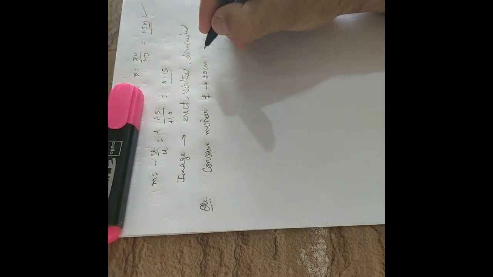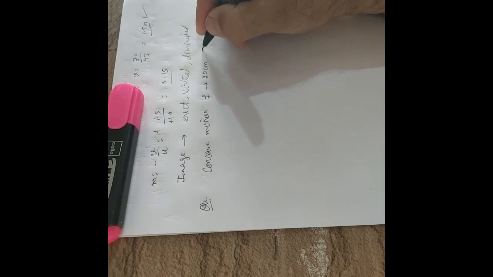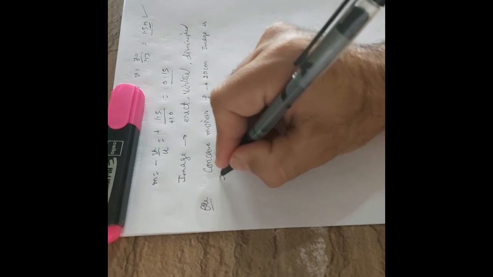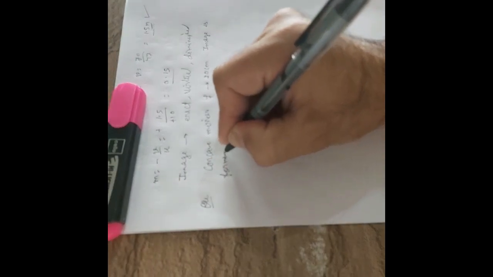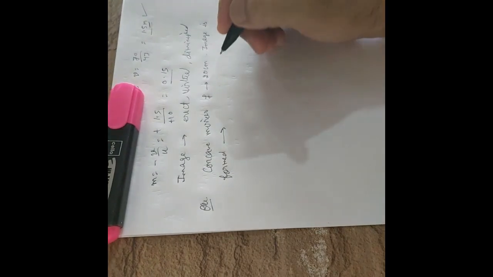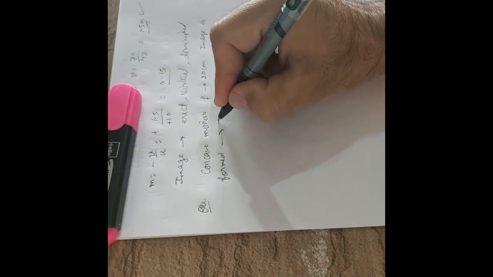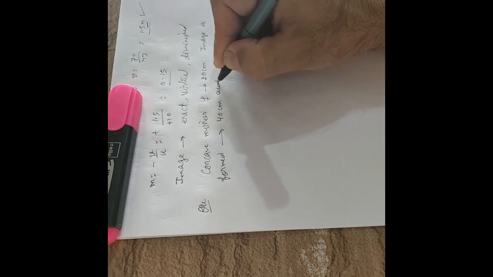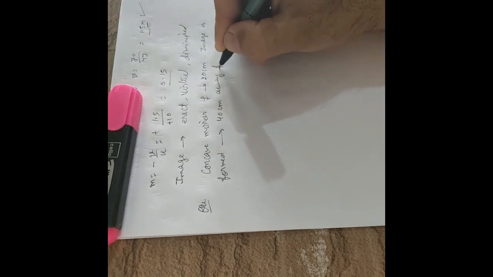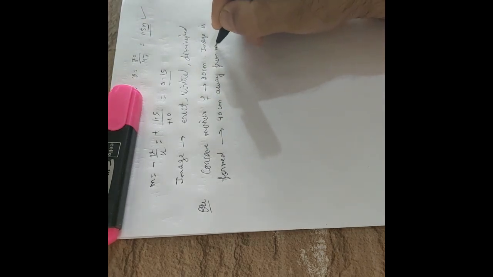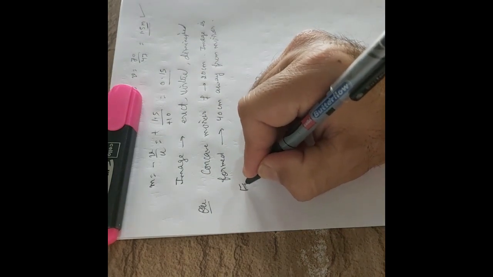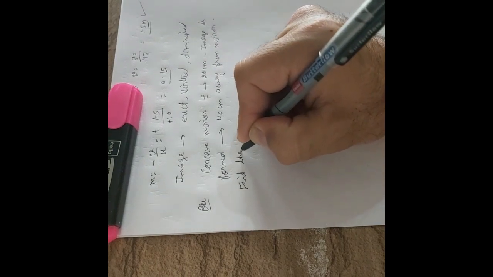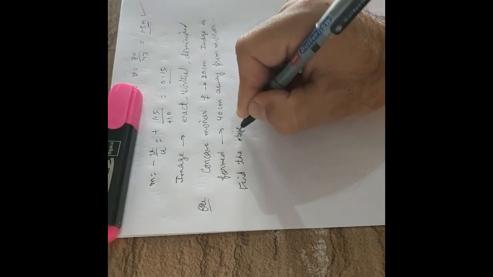I'm saying the image is formed at a distance of 40 centimeter away from the mirror. Find the object distance. Can you do this?